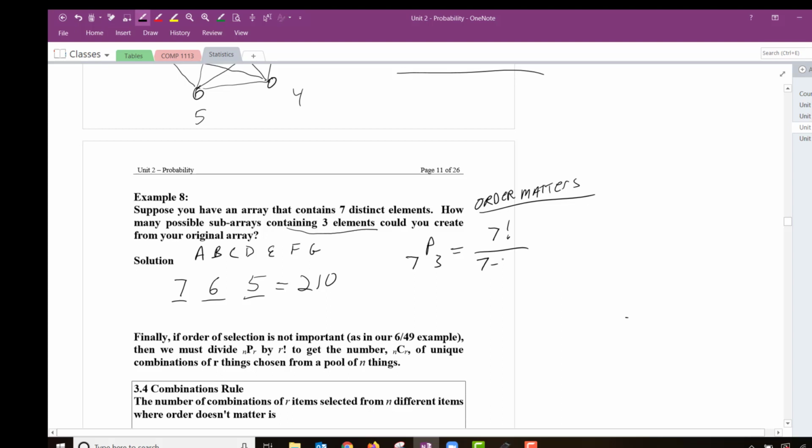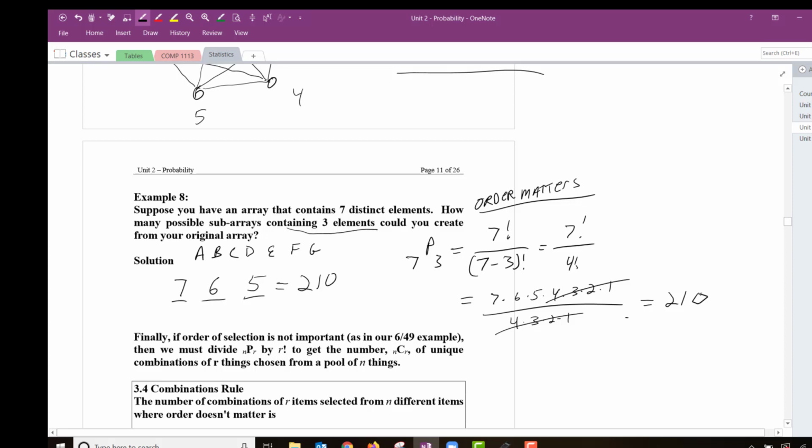So 7 minus 3 factorial. So we have 7 factorial over 4 factorial, which will work out to be exactly what we just wrote. 7 times 6 times 5 times 4 times 3 times 2 times 1 over 4 times 3 times 2 times 1. And we have cancellation. We get 210 ways.